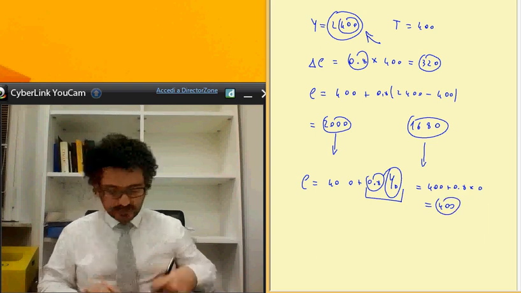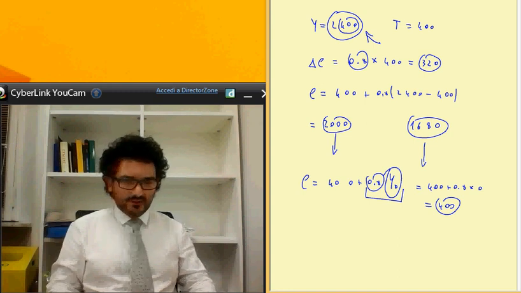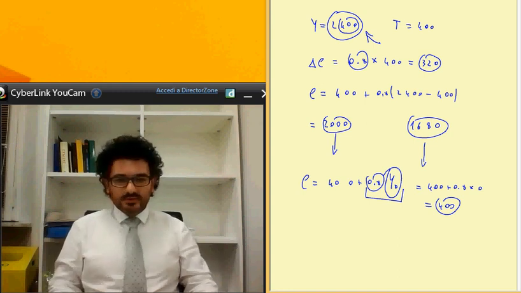So in this case, consumption will not be 0 if the disposable income is 0, but will be equal to 400. And how is it possible to consume 400 if your disposable income is 0?